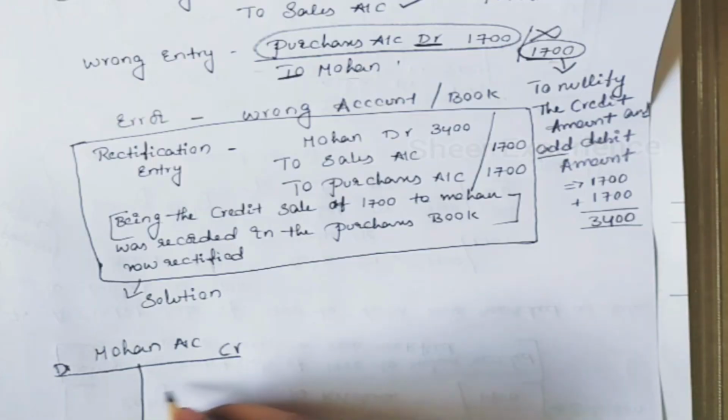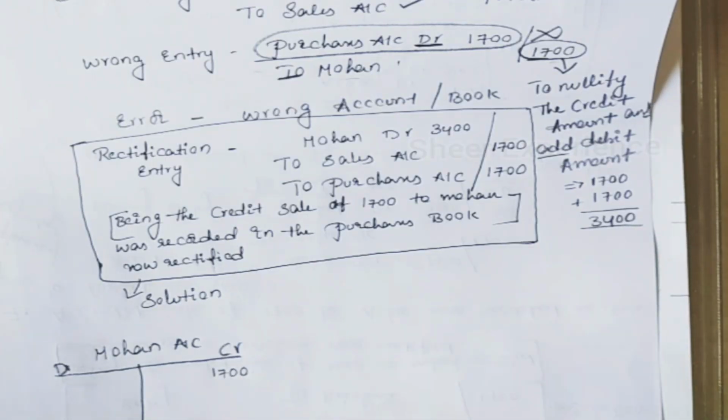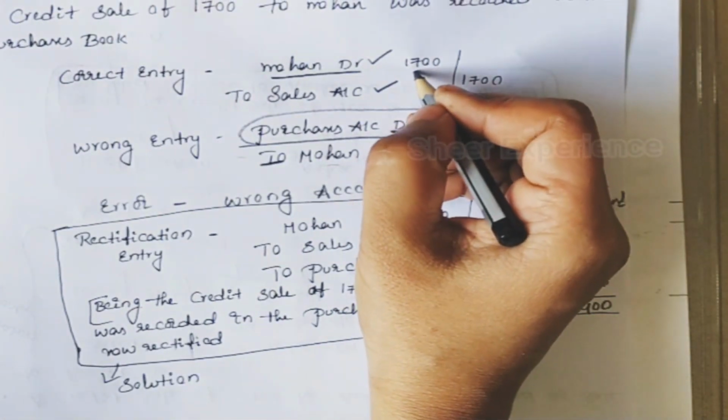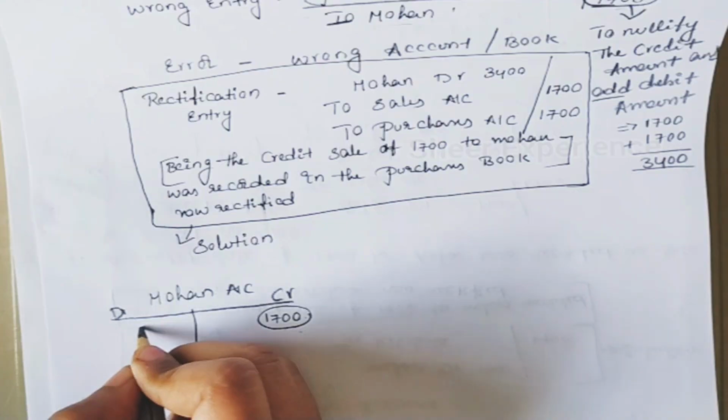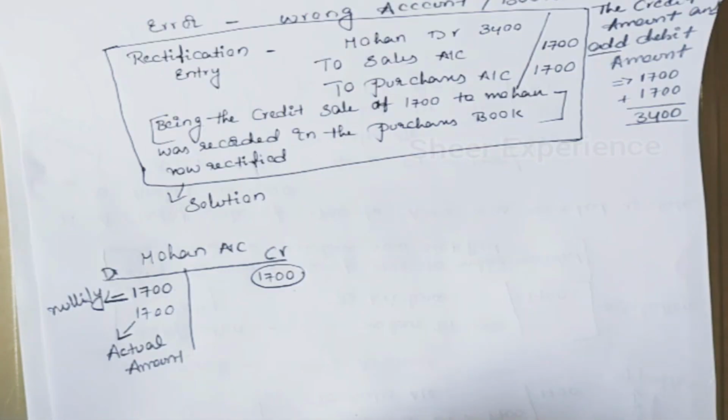If you guys are still confused, let's prepare Mohan's ledger account. As per the transaction, we have credited Mohan's account with 1700. So we will mention 1700 on the credit side in Mohan's ledger account. As per the correct entry, we need to debit Mohan's account. So we will mention 1700 on the debit side of Mohan's account.